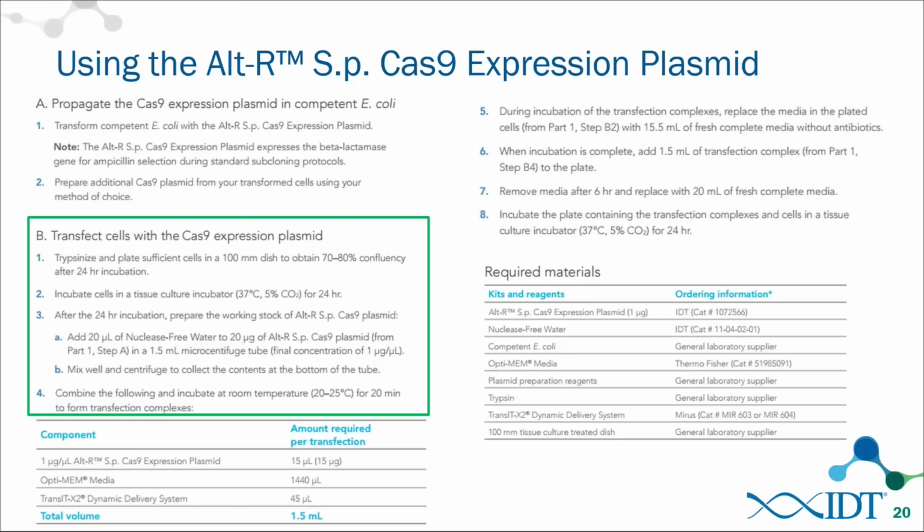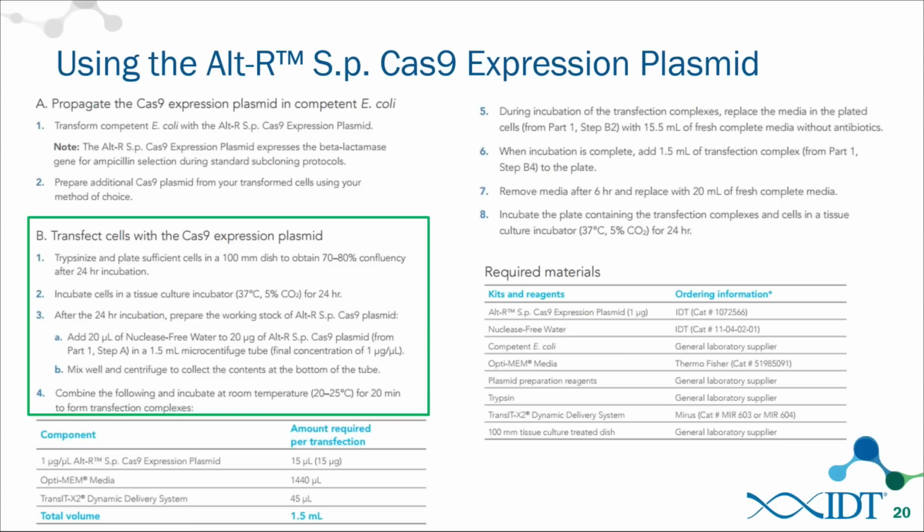What we recommend for then transfecting the plasmid into mammalian cells is to use a 100 millimeter dish and use the TransIT-X2 transfection reagent from Mirus. We recommend using 15 micrograms of plasmid in the 100 millimeter dish, and 45 microliters of Mirus X2.